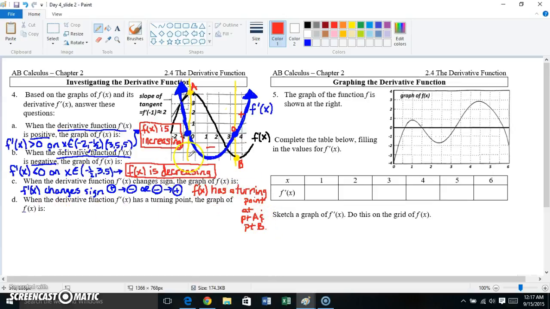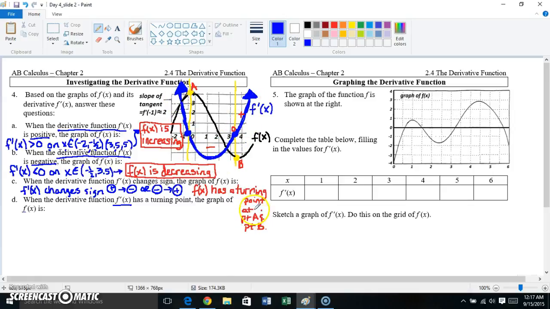Okay, when the derivative function f prime of x has a turning point. Okay, so what are we talking about here? When the derivative function f prime has a turning point. Okay, now we're talking about the f prime of x graph. Does this graph have a turning point?